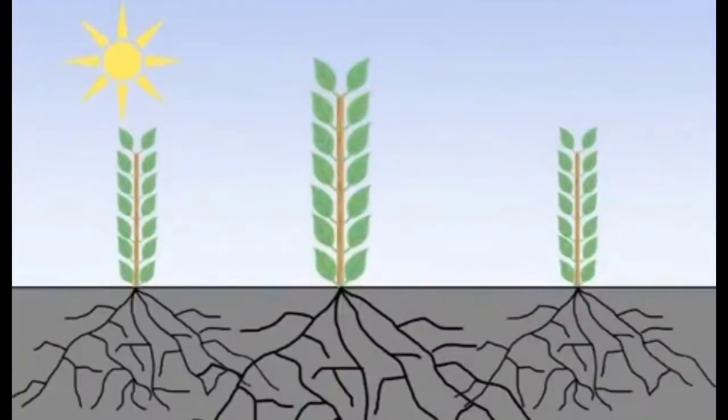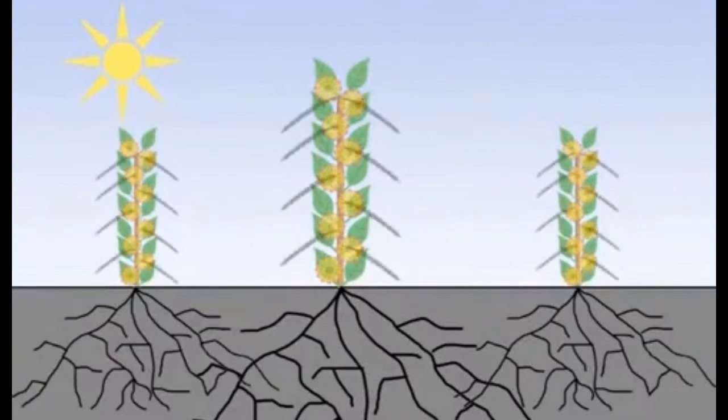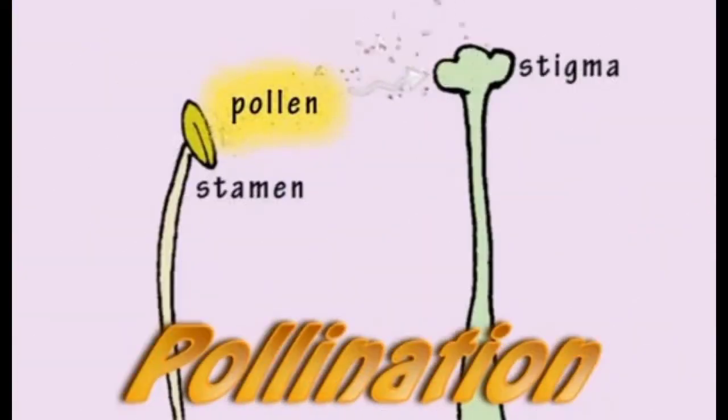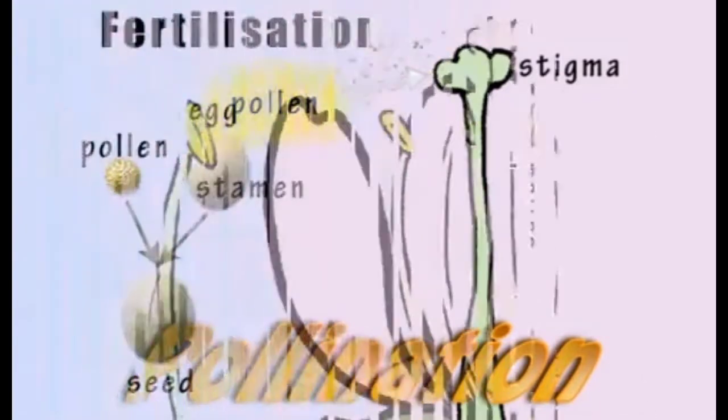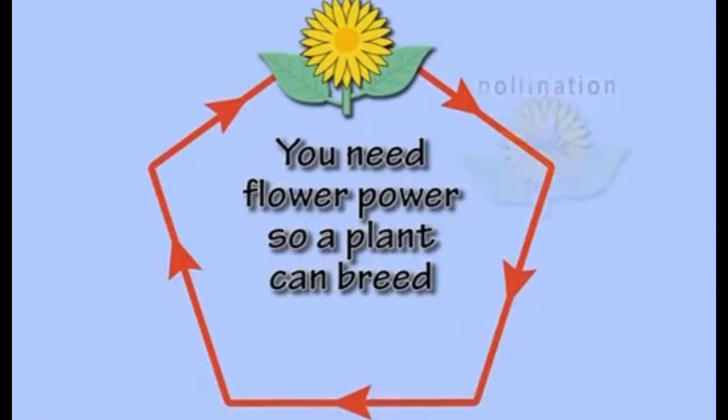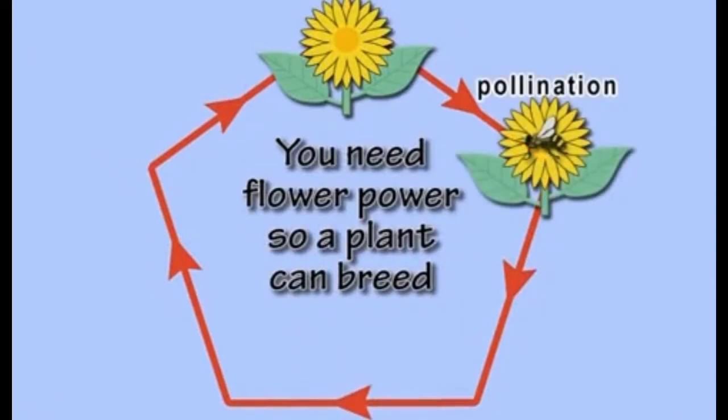One day they will flower and make a lot of seeds. When pollen hits their stigmas and their ovaries, you need flower power so a plant can breed.